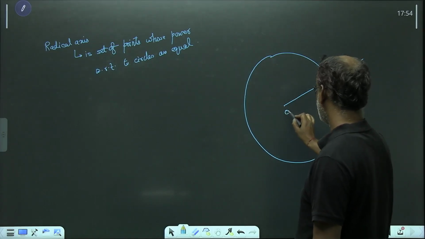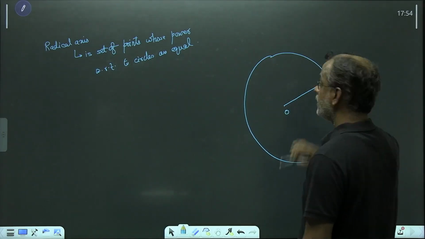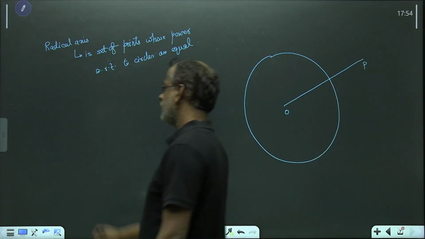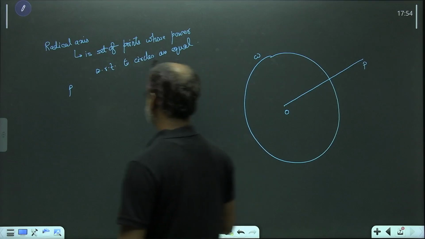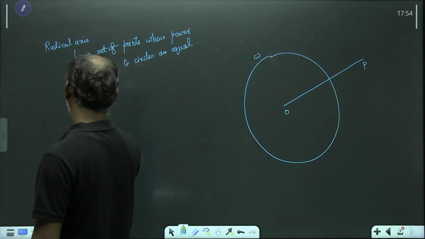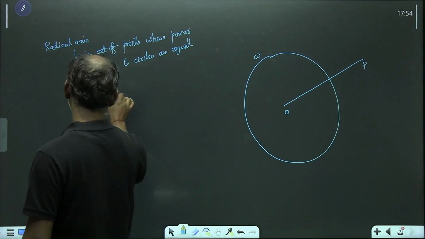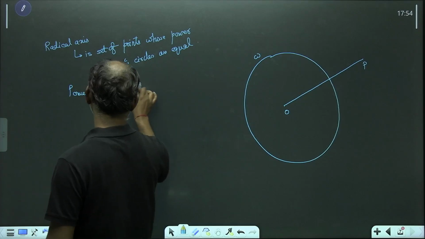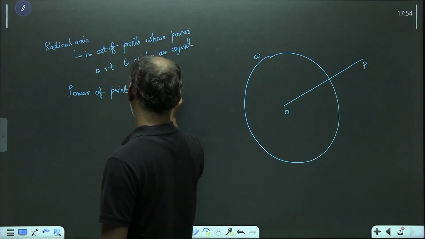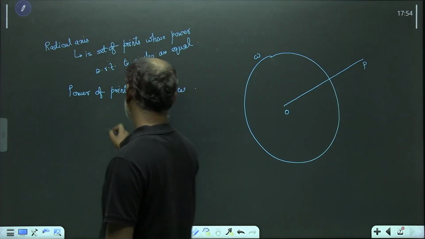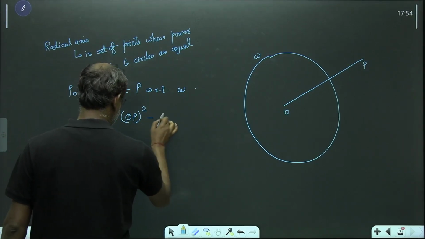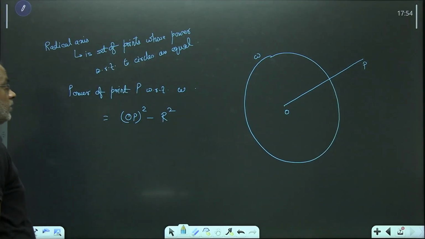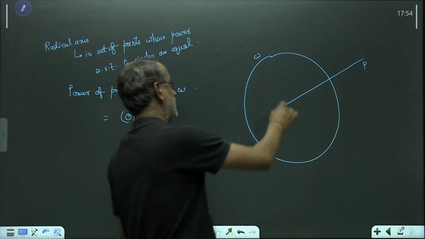If this is O and P is the point, say this circle is some omega. So, the power of point P with respect to omega is equal to OP square minus R square, where R is the radius.